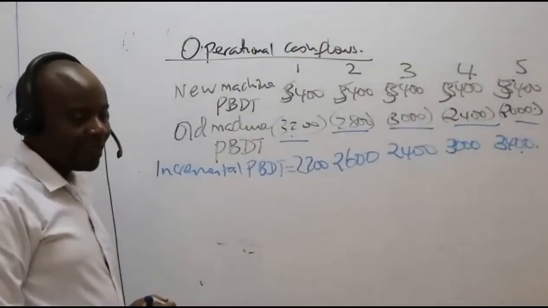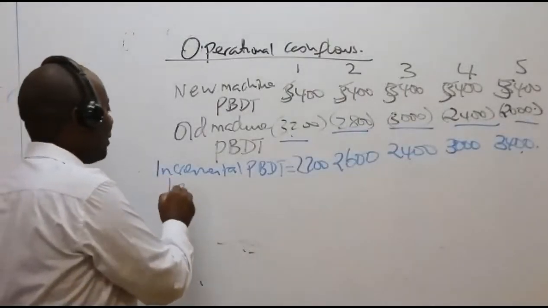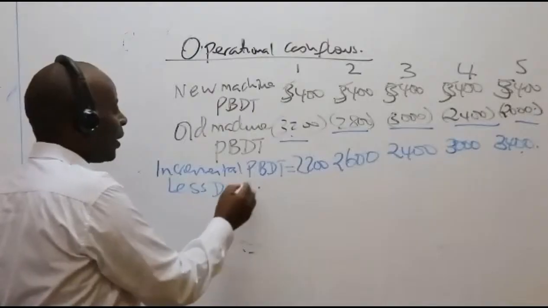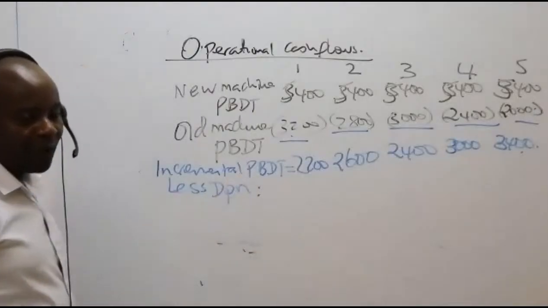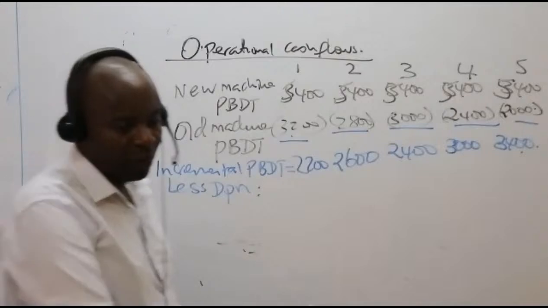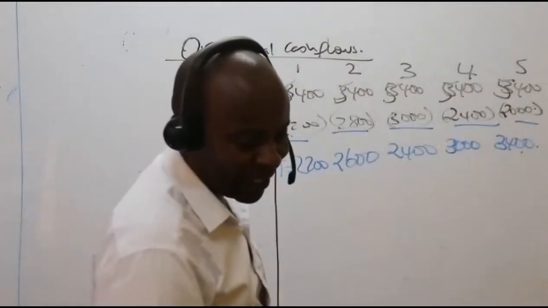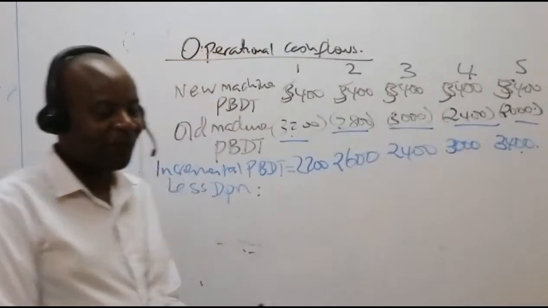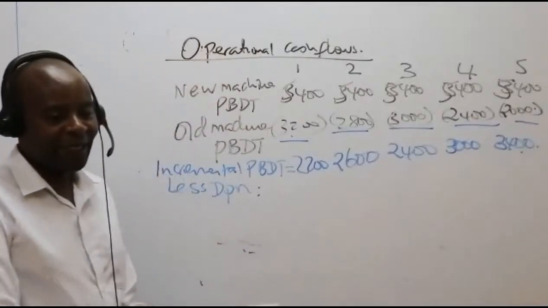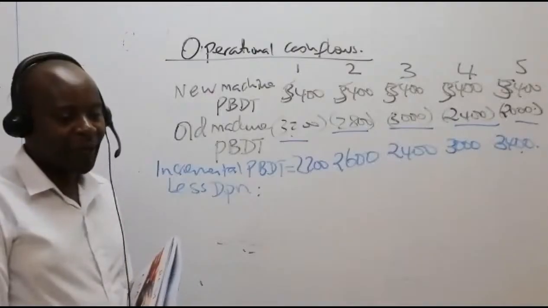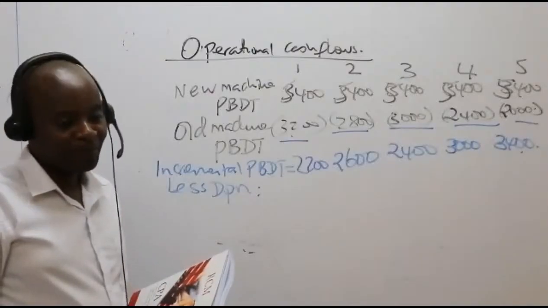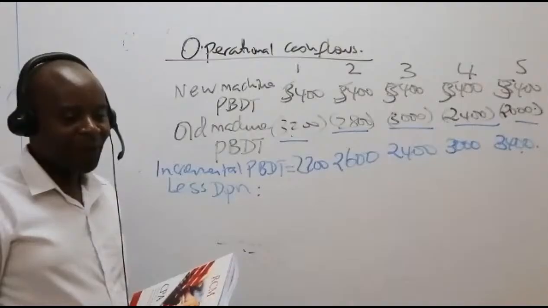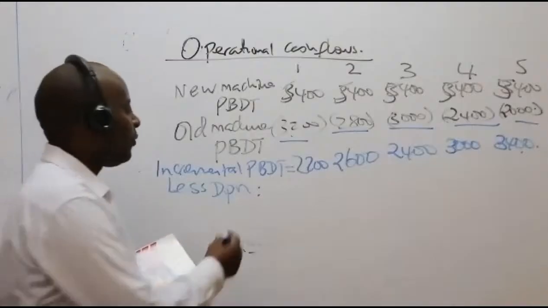So once I get that, I need to come and subtract the incremental depreciation. So less our depreciation. Are you able to remember the incremental depreciation? What figures are we getting? 1052.